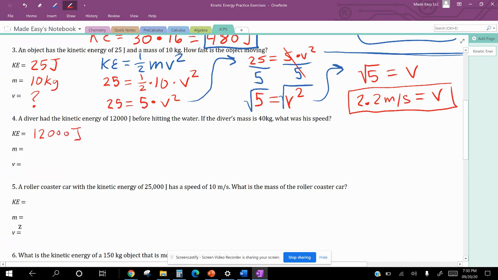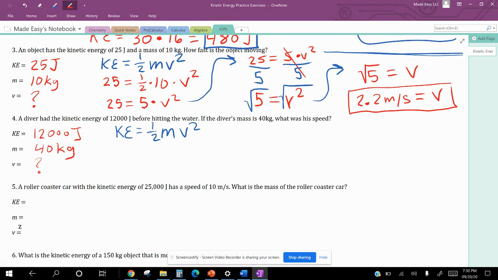Okay, and it says the diver's mass is 40 kilograms. And the speed we have to calculate. So question mark again, okay? Just like the previous problem. So we're going to do kinetic energy equals 1/2 times m times v squared.